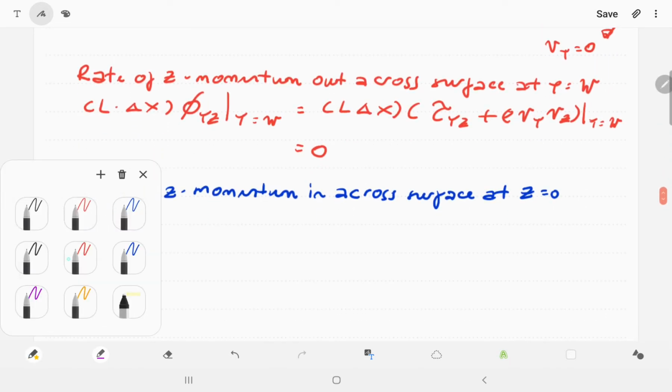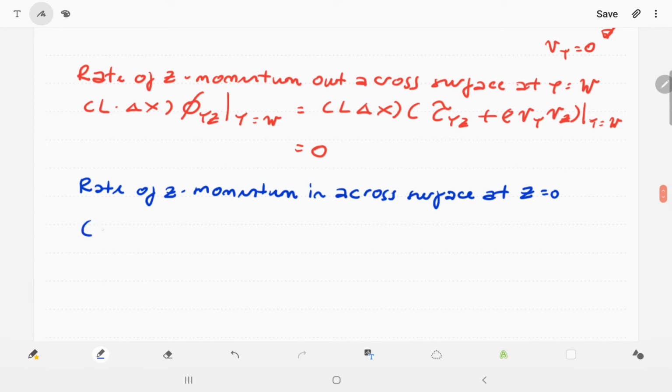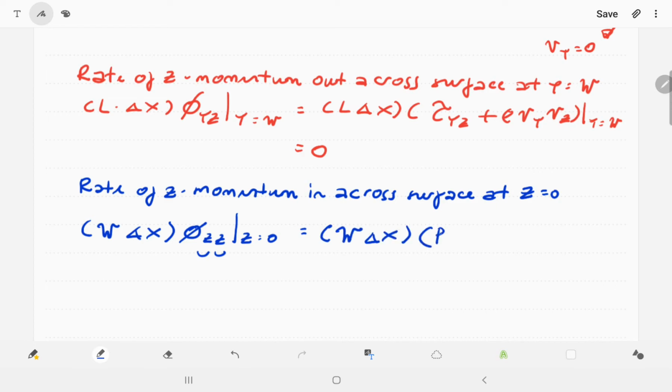So we continue with W delta X multiplied by the combined momentum flux of ZZ at Z equal 0. Note that because we have this ZZ, the first direction is the same as the momentum transfer direction. That means we have a pressure component here. So there will be P plus tau ZZ plus rho VZ at Z equal 0.